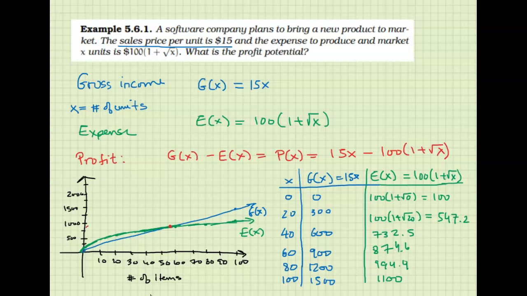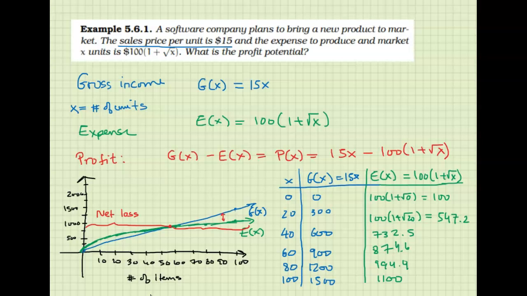Up to here, there's a net loss, which happens when you're ramping up. If you're not making enough of a product, your expenses are going to be more than the income that you generate. But from around here, the blue, the income, is bigger than the expenses. So this is when they're making profit.